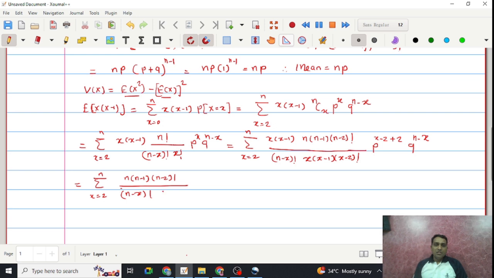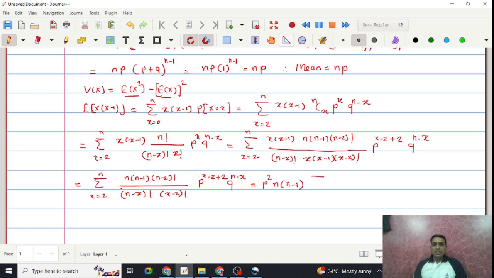What is remaining? (x minus 2) factorial, p raised to x minus 2 plus 2, and q raised to n minus x. So we take the constant term outside the summation: n into (n minus 1), and p square, we get outside the summation.